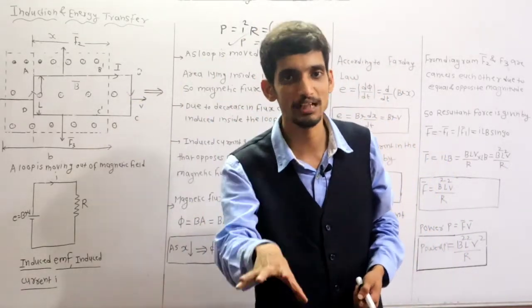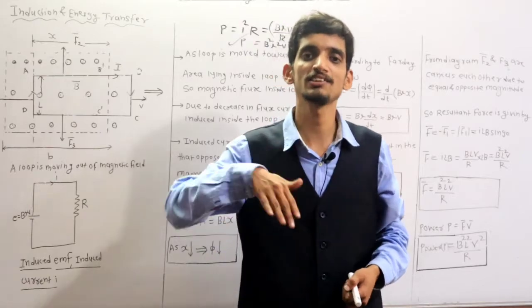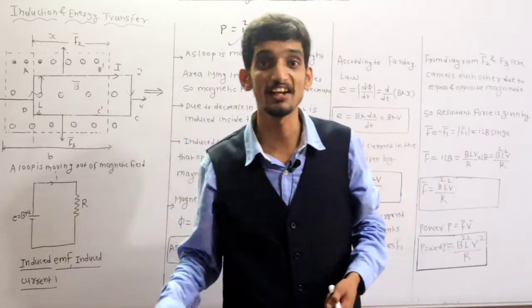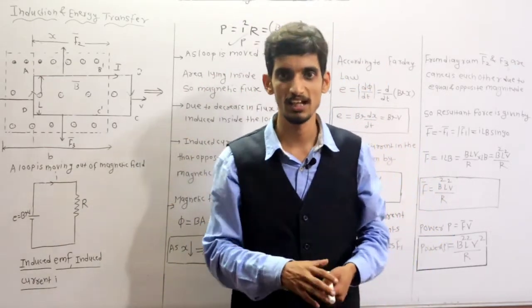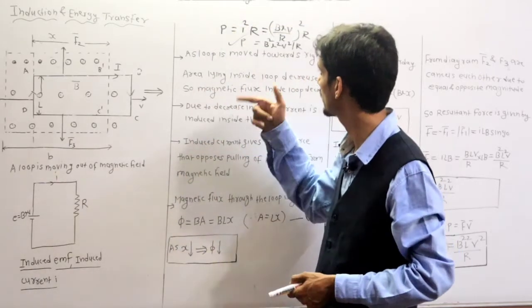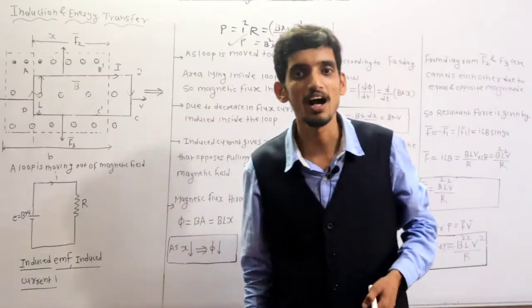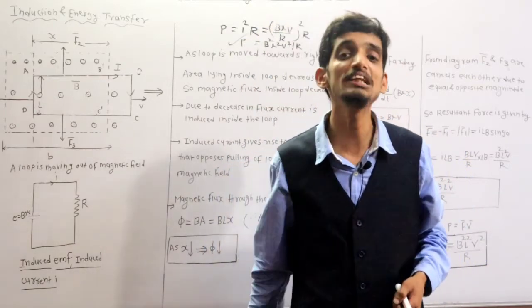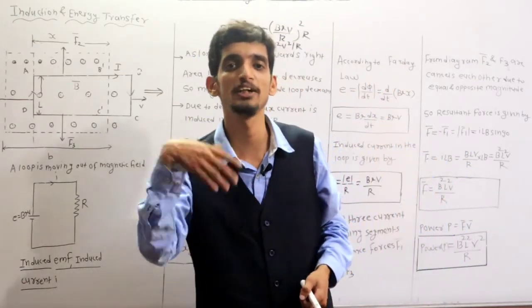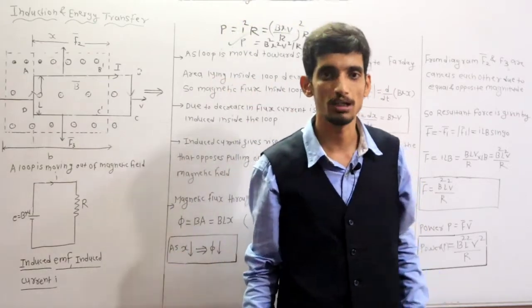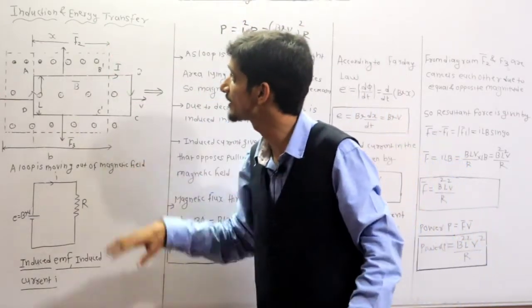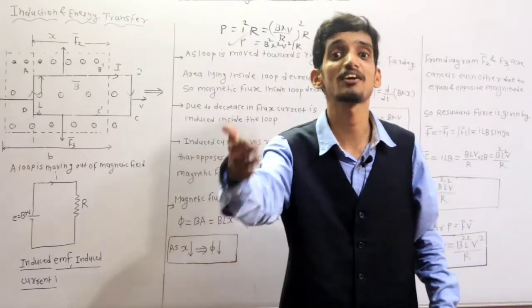So when you pull the conductor towards the right, you are using mechanical energy, and that appears as electrical energy in the form of heat, and that electrical power is I square R. In this way the mechanical power is converted into electrical power, and that's why this is called induction and energy transfer.